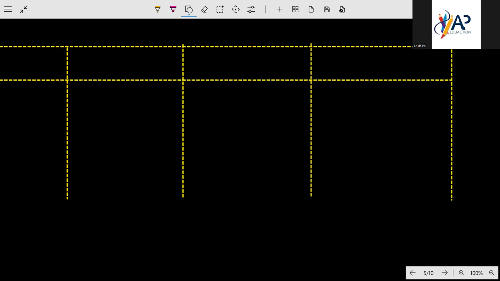Now, proton, electron, and neutron. Property. First, we discussed about charge.